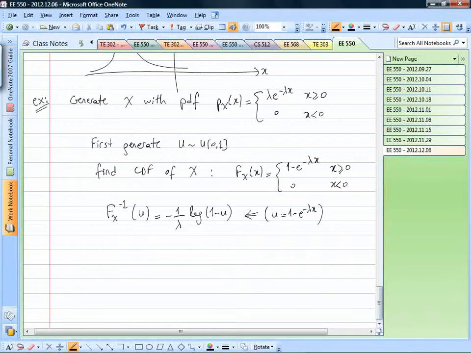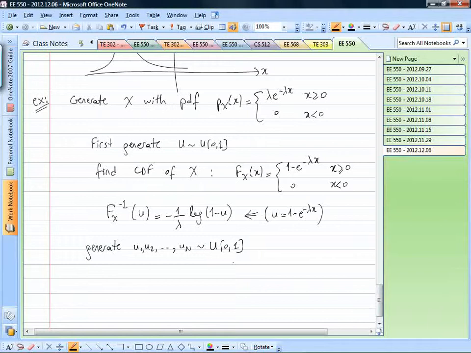So generate a lot of uniform random variables, u1, u2, dot dot dot un, from the uniform random variable between 0 and 1.